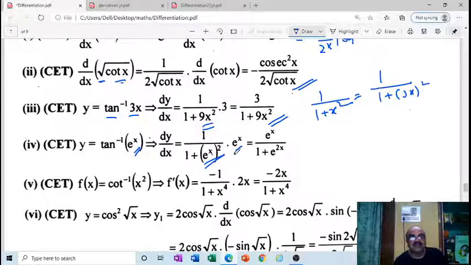E power x differentiation is e power x itself. What will be the answer? E power x by 1 plus e power 2x.